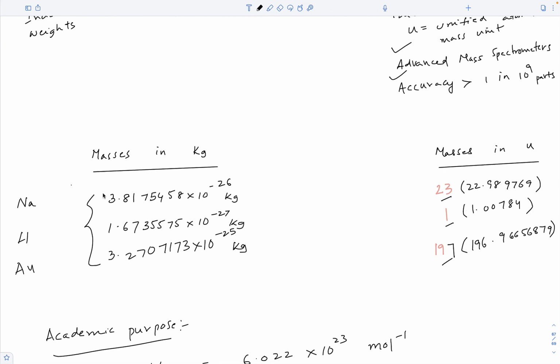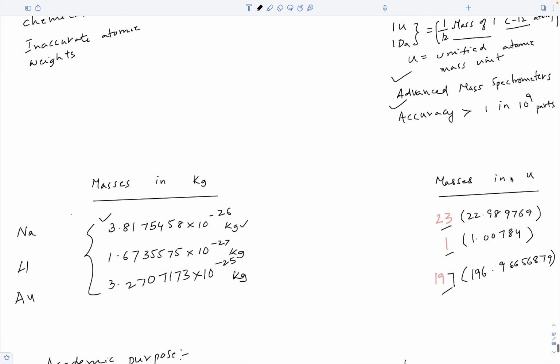Secondly, even to determine the mass of an atom very accurately in kilograms, we need their relative atomic masses or atomic weights, because mass spectrometers determine relative atomic masses more accurately. That is, masses of atoms relative to the mass of another atom more accurately than in kilograms.